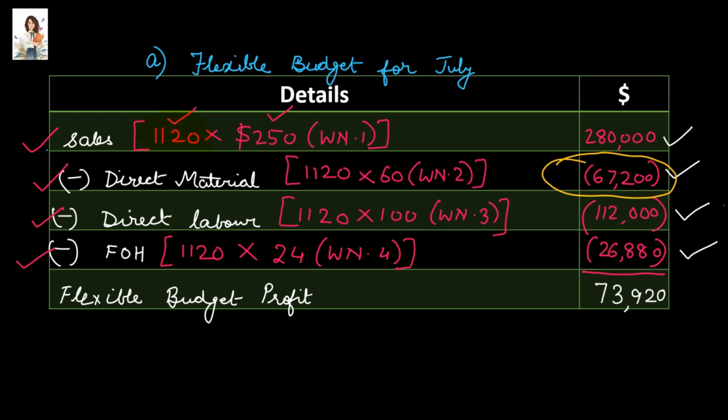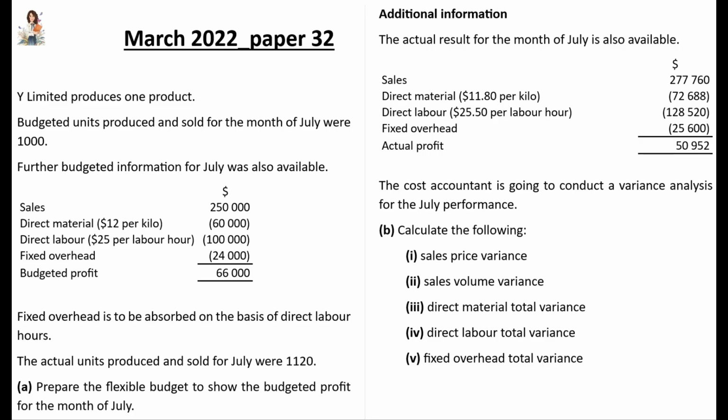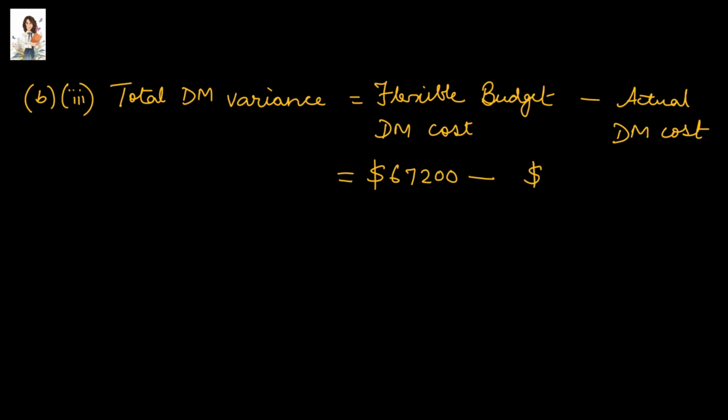So we will use this figure in our formula. So this is $67,200 minus the actual direct material cost. The actual direct material cost has already been given to us. It is $72,688. Putting this value in our equation, we get total direct material variance is $5,488.